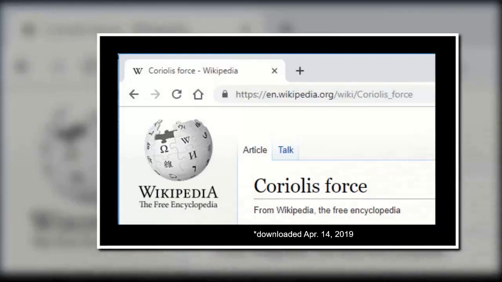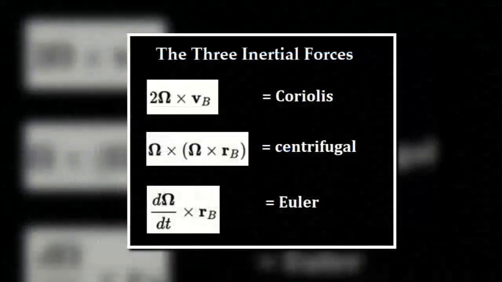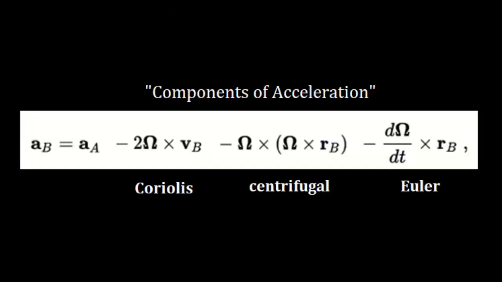First, the Wikipedia authors show us the three inertial forces in their mathematical form that would operate in a geocentric universe. The article begins, "Components of acceleration. To determine the components of acceleration, a general expression is used from the article fictitious force, in which the term in omega cross VB is the Coriolis acceleration, and the term in omega cross RB is the centrifugal acceleration.